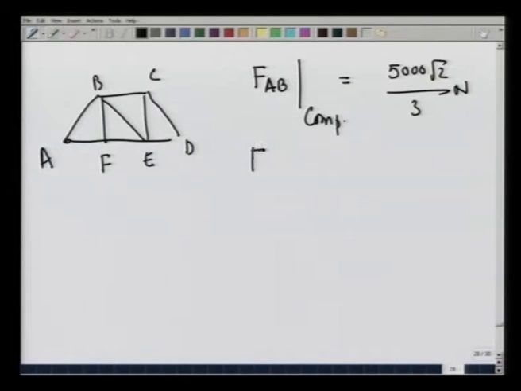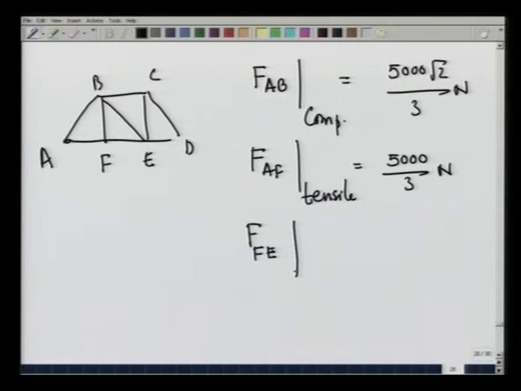We have determined FAF, which is tensile, which is equal to 5000 over 3 newtons. We have determined FFE, which is also tensile, and its magnitude is 5000 over 3 newtons. We have determined FBF to be 0. We are now ready to analyze point B.